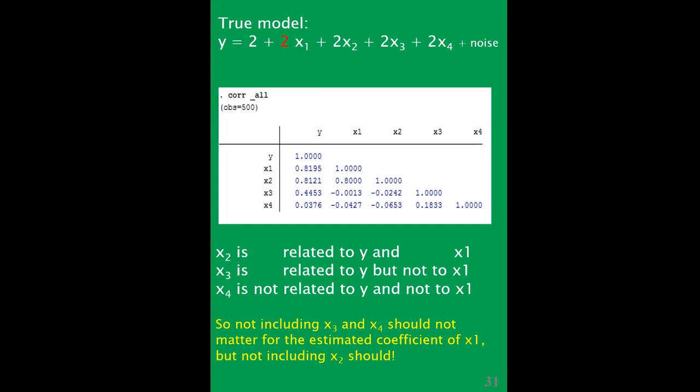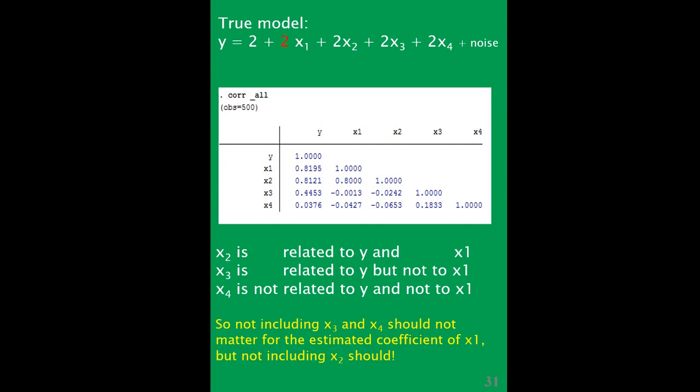Here you see the correlations that I created. You see that y is correlated with x1, 2, 3, but not with 4. You see that x1 is correlated with x2, but not with 3 and 4. x2 is correlated with 3 and 4, and well, we could argue about whether or not this is a true correlation. But again, let's assume that I'm interested in the effect of x1.